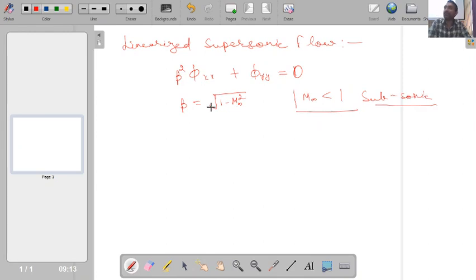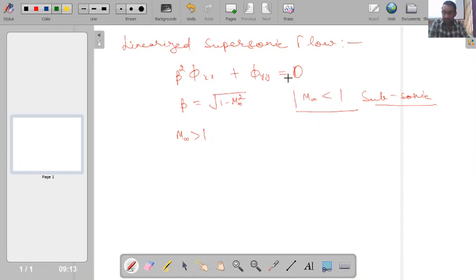Okay, but when you go for the supersonic flow situation, our Mach number M infinity will be greater than 1, and if you keep this equation in this form only, then we will be getting nothing but a non-real number over here. So what we will be doing, we will be multiplying this equation with a minus sign.